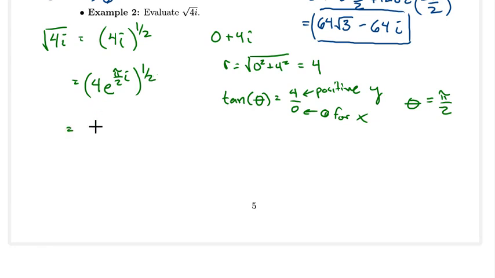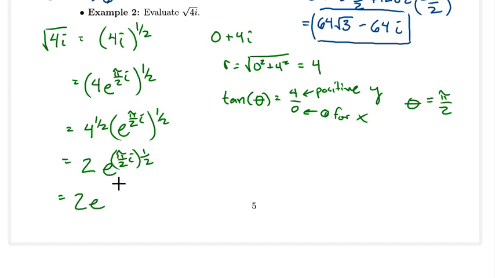And then we just apply the same rules we did in the last problem. Of course, 4 to the 1/2 is just the square root of 4, so that's 2. And then e to the pi over 2i times 1/2.